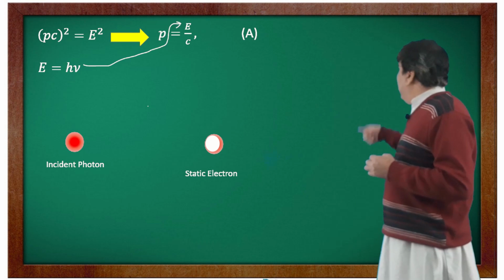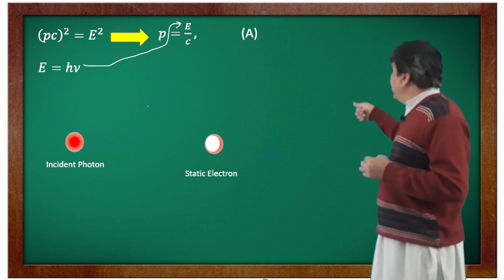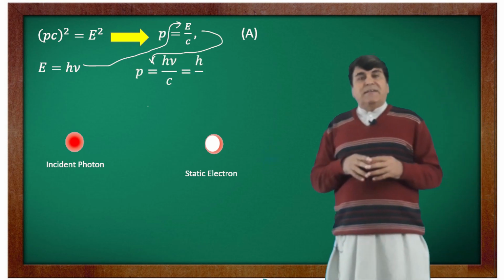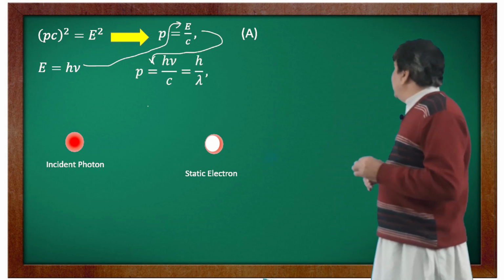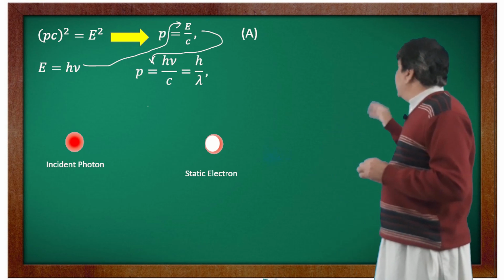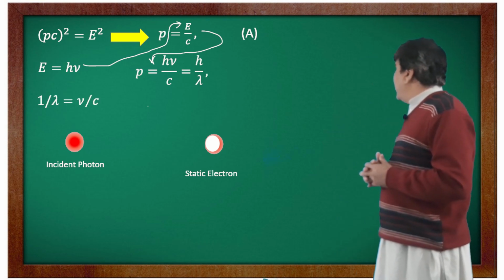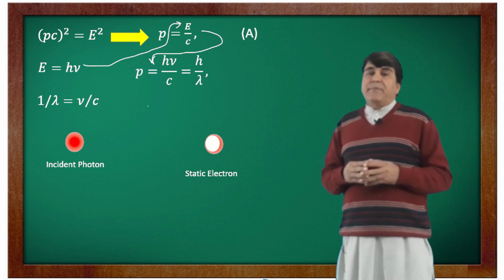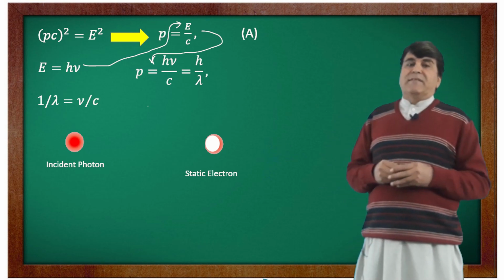Substituting this value back into equation A, the momentum of photon can be expressed as h nu divided by c, or it is equal to h divided by lambda, where I have written 1 over lambda equals nu divided by c, and lambda obviously stands for the wavelength of the wave.